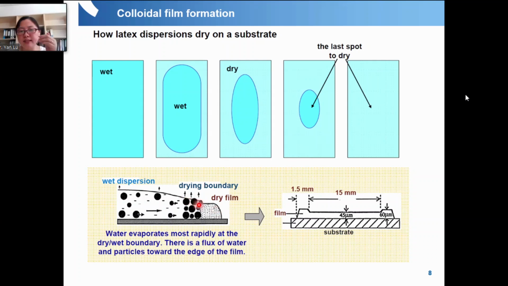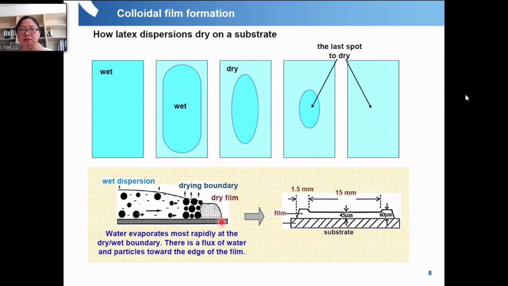And here, the evaporation of the water is very fast at this boundary, at this dry and wet boundary. And so here is where the drying of the film starts. They start from the boundary.